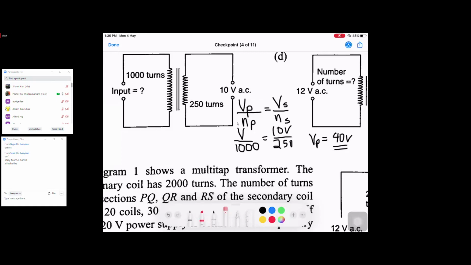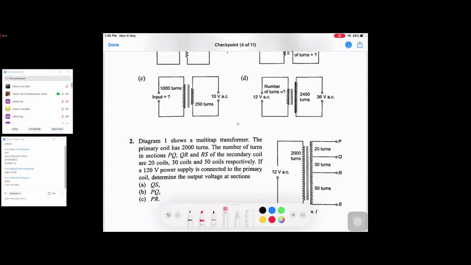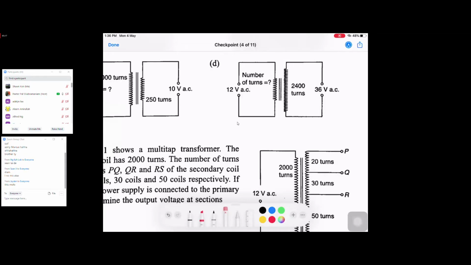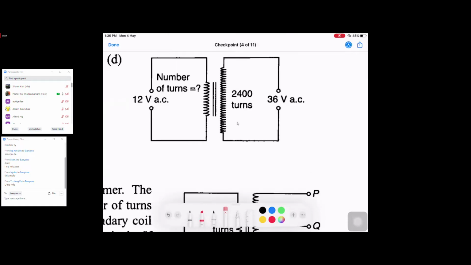Okay, next one. D. We are looking for the number of turns. Again, same formula.